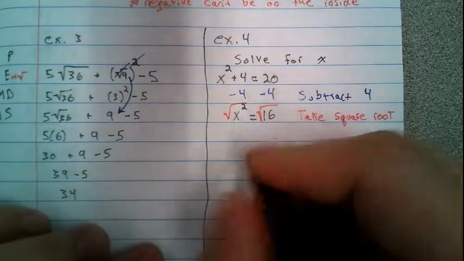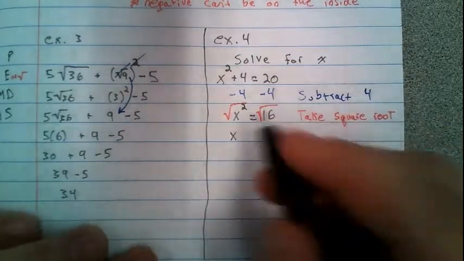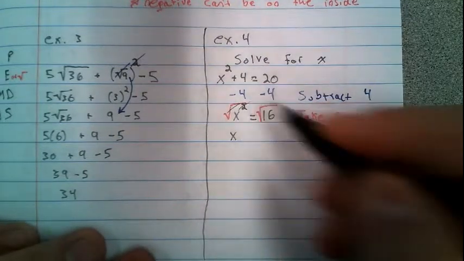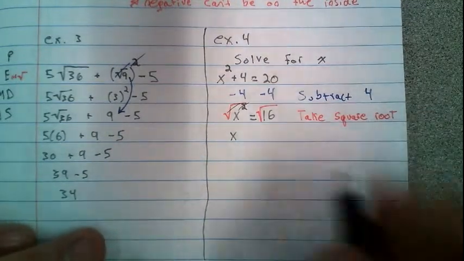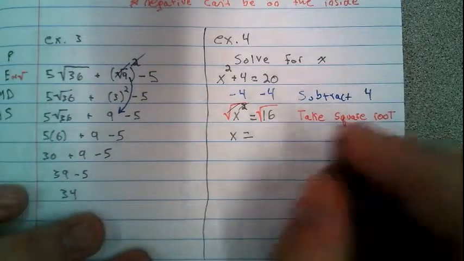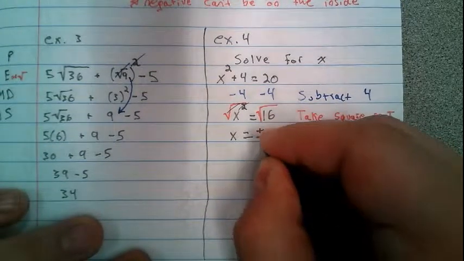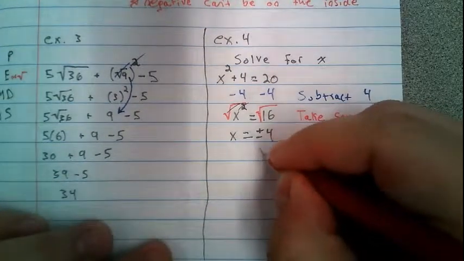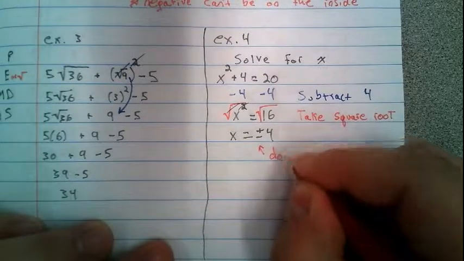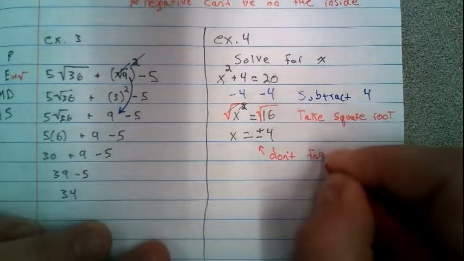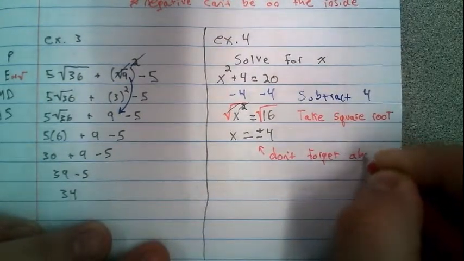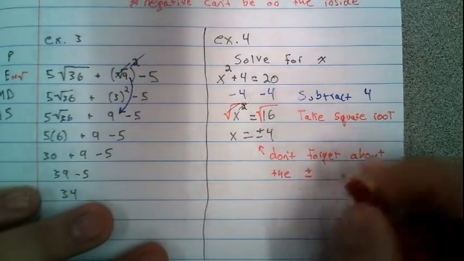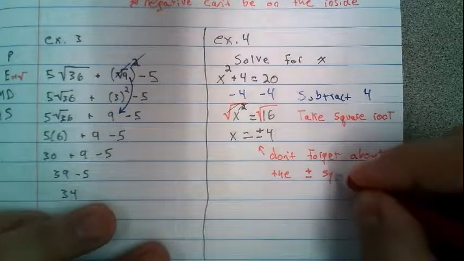The square root of x squared is simply x. Remember how those cancel each other out? The square root of 16 is both positive and negative 4. Okay? Don't forget about the positive and negative. And we just call that a plus minus symbol.